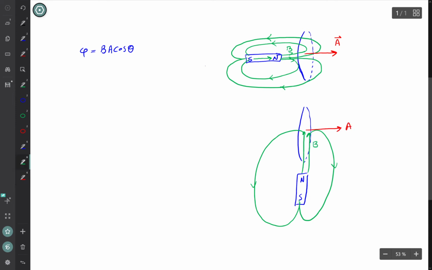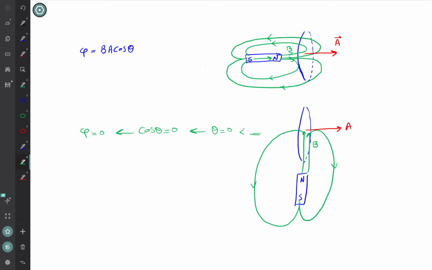You see that in this specific case, you have a 90-degree angle between B and A. So theta is 90. If theta is 90, cos theta would be 0, and therefore flux would be 0.